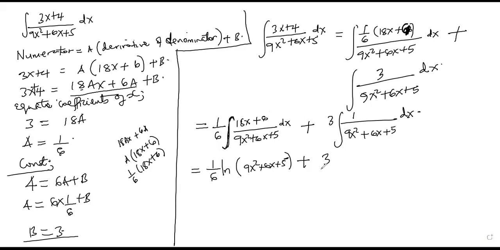Okay, so plus 3. Now here I may need to complete a square on this, because there is no way you can work on this without completing a square. So I will say 3, let me first factorize out a 9, so that it becomes 3/9 integral of 1 over, if you factorize out a 9, what has remained?